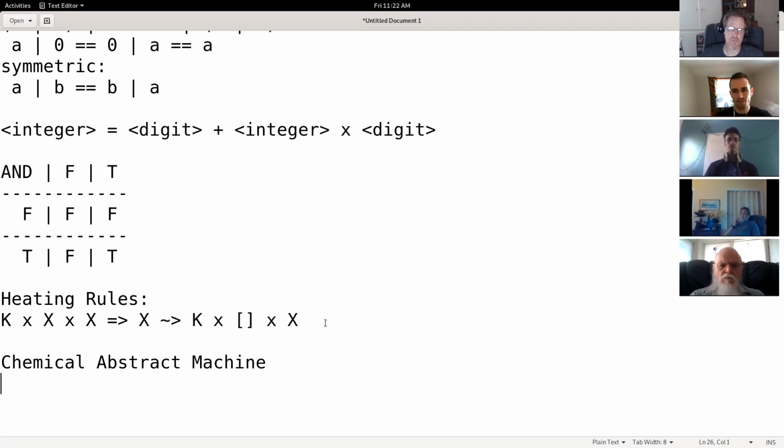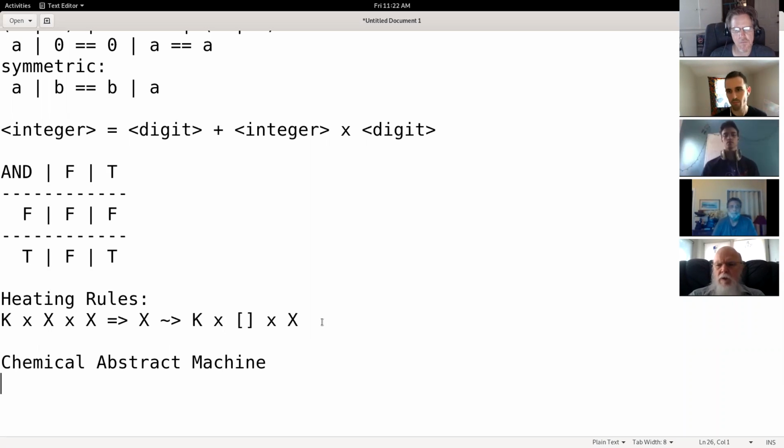Like we have this solution of all of these different terms that are floating around, and they can interact with one another in certain ways, kind of like the COM rule or something along those lines. So that's thinking of chemistry as communicating agents.